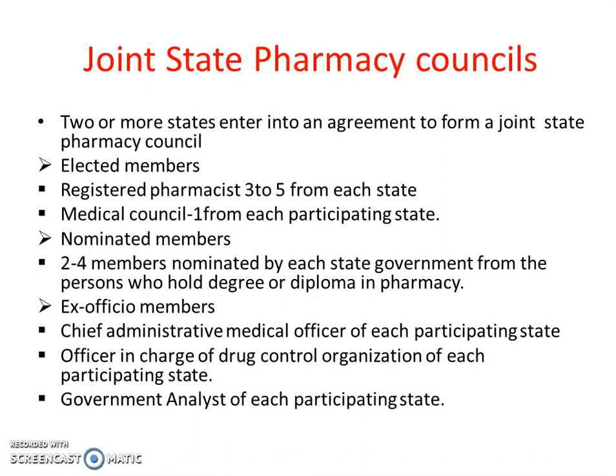As the agreement provides, not less than 2 and not more than 4 members are nominated by each participating state government, of whom more than half should possess a degree or diploma in pharmacy or pharmaceutical chemistry or be a registered pharmacist. 1 member is elected by the members of each medical council from amongst themselves of each participating state.